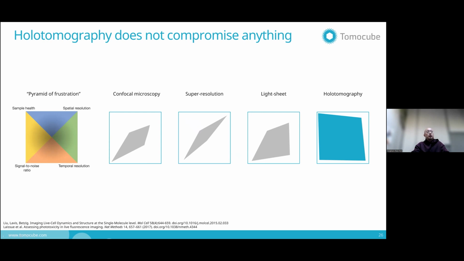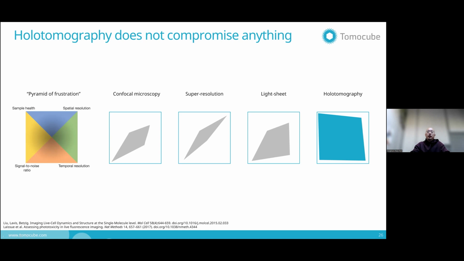So HT can provide the best sample health condition because we don't change anything in terms of sample preparation. No staining, no exogenous labeling agent is required. We can measure over a long period of time. Our spatial resolution is slightly better than the confocal microscope, but worse than super-resolution.